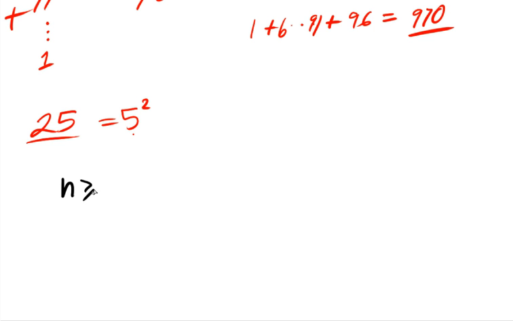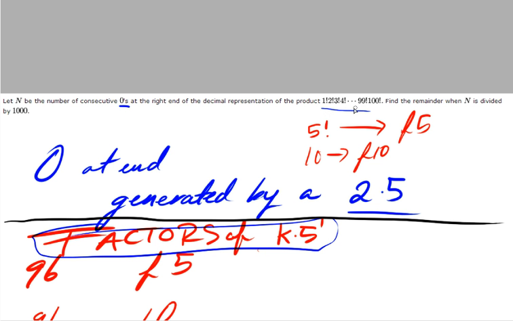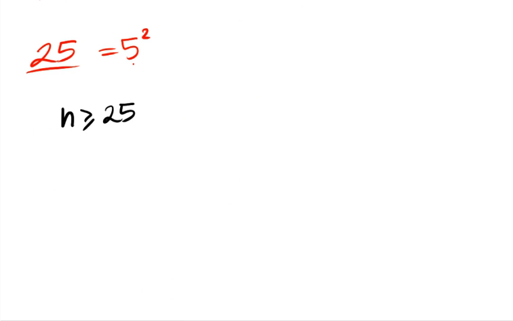You can note that all n greater than or equal to 25, when n represents the factorial of each of these, will have a factor of 25, and the number of such n is 76. Similarly, n greater than or equal to 50 will have a factor of 25, and the number of such n is 51.